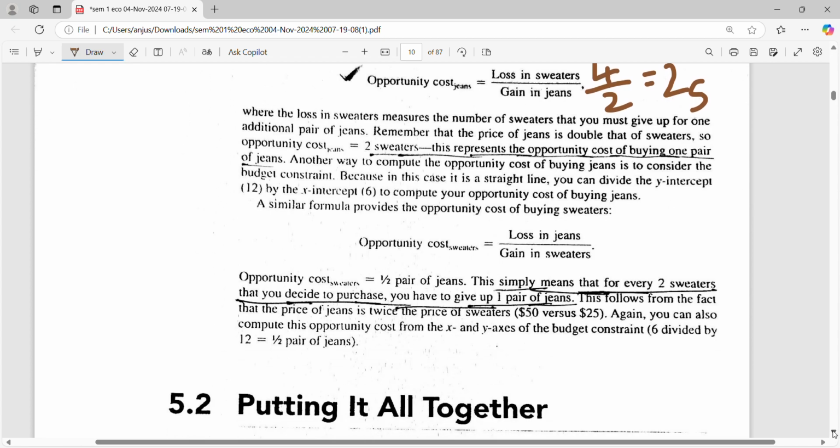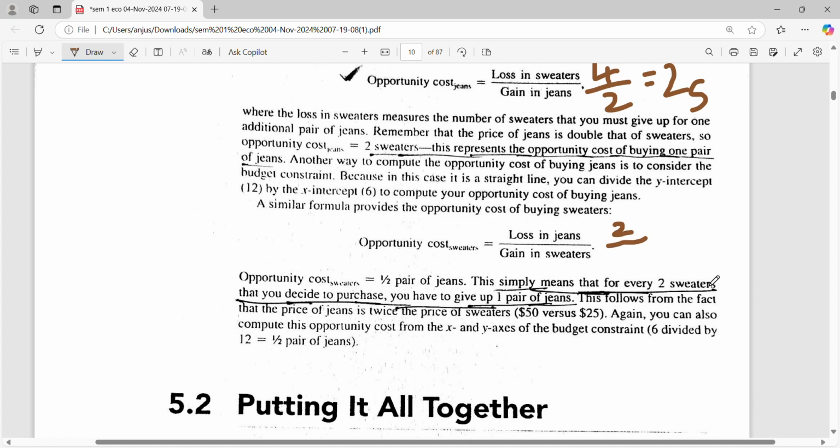Next is the opportunity cost of sweaters. With the same example, when you look from A to B, the loss in jeans is -2, because you have actually gained. Then the gain in sweaters is 4, -4.